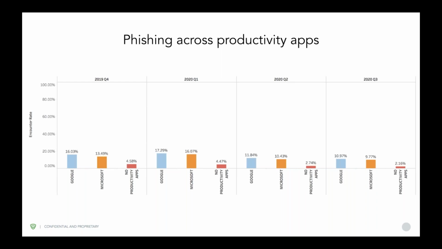So it's important to realize that a phishing encounter rate of 14% on average is pretty high, with a range on Google Workspace from 11% to 17% at the height of the pandemic. Just to be clear, by encounters, these are the detections that Lookout is making, just like we saw in the video, even though that was an app threat.